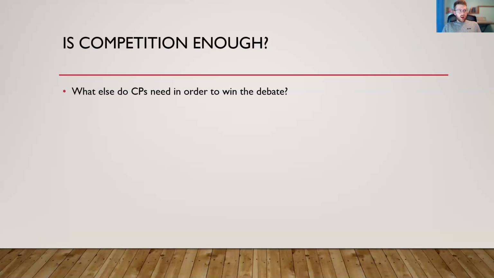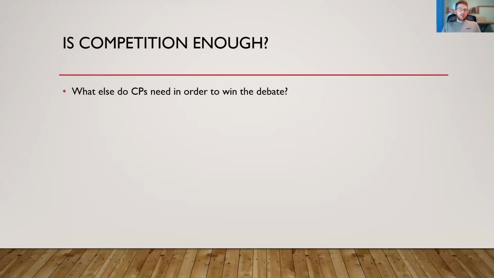So this part connects to our uniqueness argument, right? When the neg reads a uniqueness card about an advantage and says your advantage is non-unique, it will be solved by something else, like the status quo will solve something else, one of the answers available to you is you can say, no, this thing won't happen.